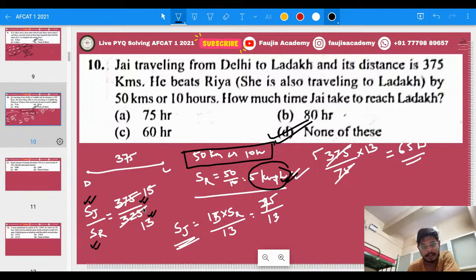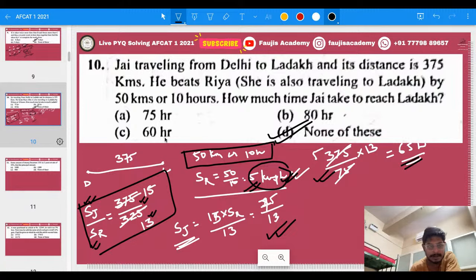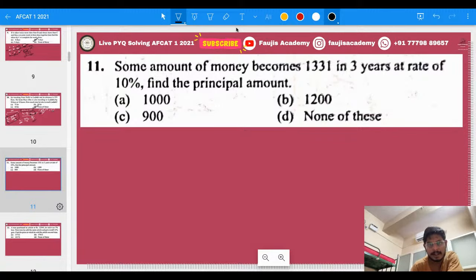Because when Jai is traveling 375 kilometers, Ria is traveling 325 kilometers only, right? We know the speed of Ria is how much? 5 kmph. So by putting in this value, we are getting the speed of Jai as this much. So that means the time taken is how much? Distance by speed. That means your 65 hours. Okay. Easy question, guys. Won't spend too much time over here.